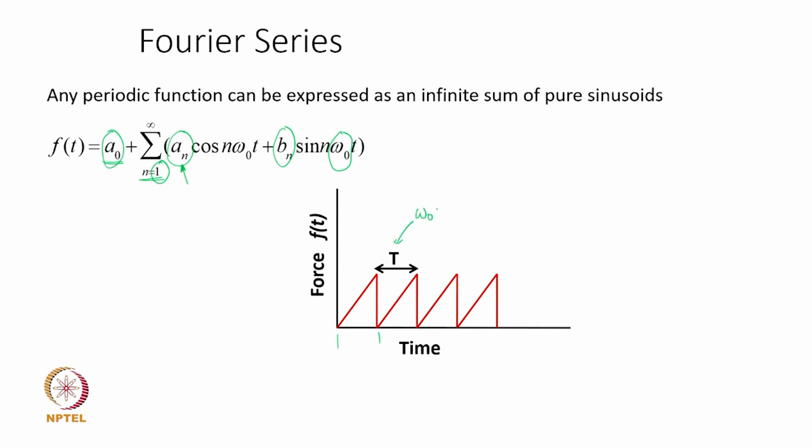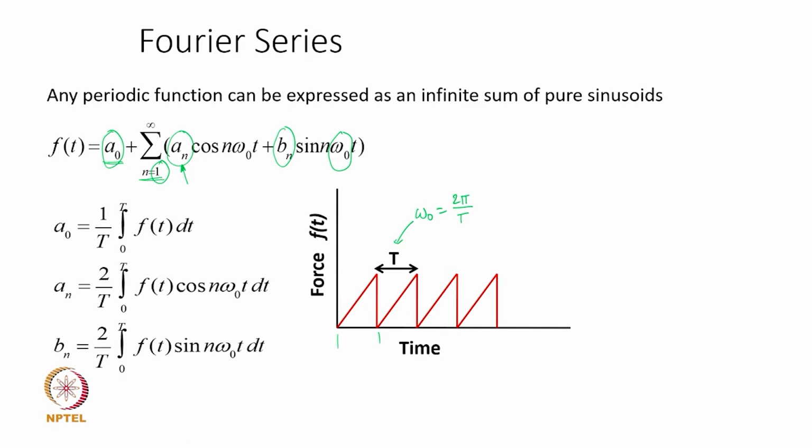Omega naught is going to be equal to 2 pi over the period of repetition. For a harmonic time function, we have seen omega naught will be equal to 2 pi by capital T, where T is the period of the cosine or sine function. What are a naught, a n and b n? These are the coefficients which depend on the function itself.